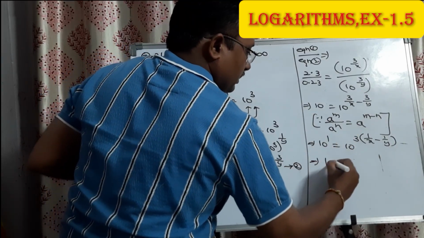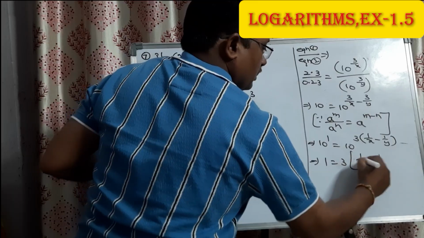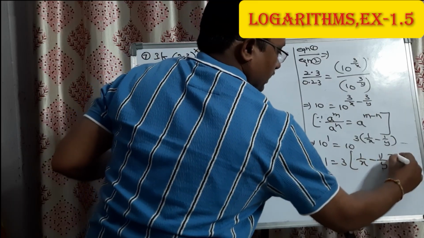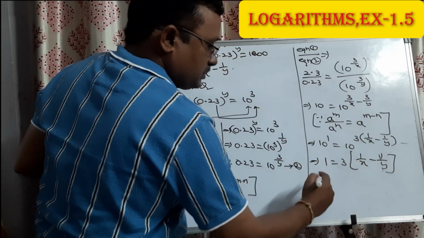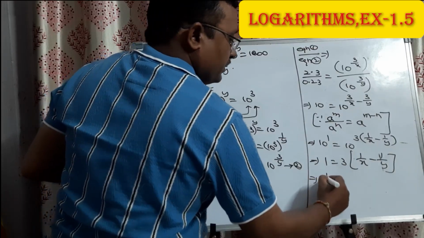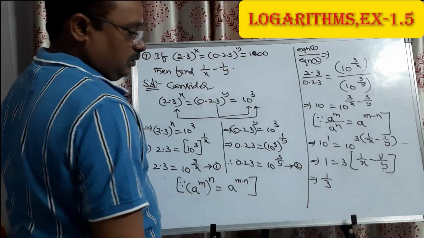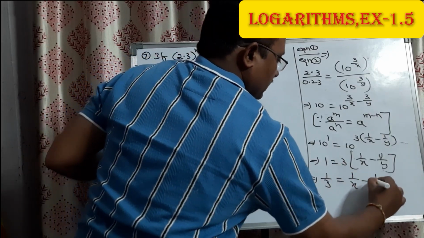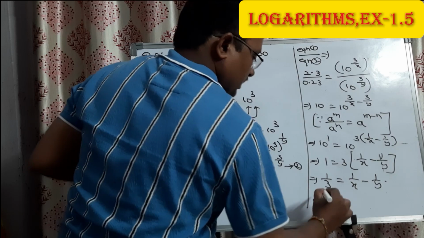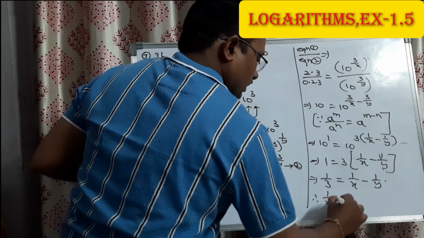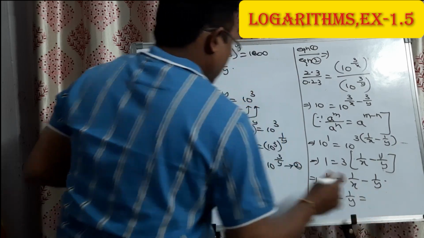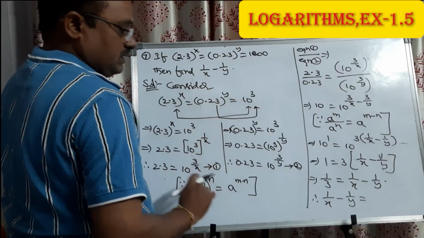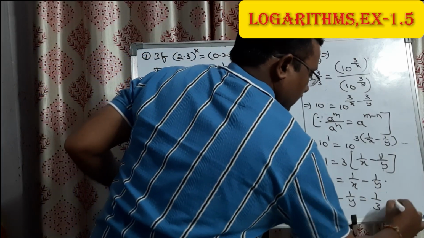So that implies 1 equals 3 into 1 by x minus 1 by y. Into 3, when it comes to the other side of the equality, it will become divided by 3. So 1 divided by 3 is equal to 1 by x minus 1 by y. Therefore the final result, 1 by x minus 1 by y, which is our required thing, is equal to 1 by 3. That's it.